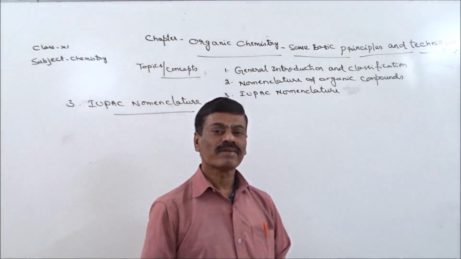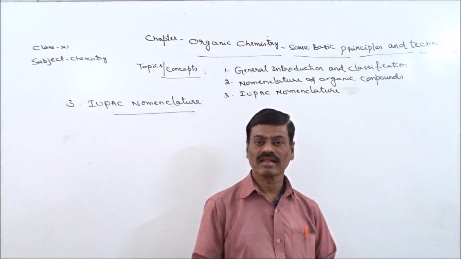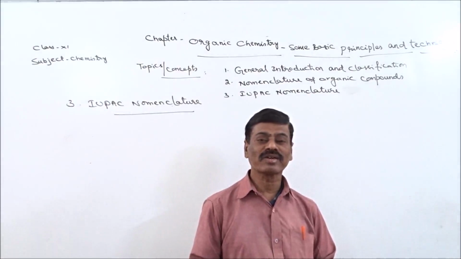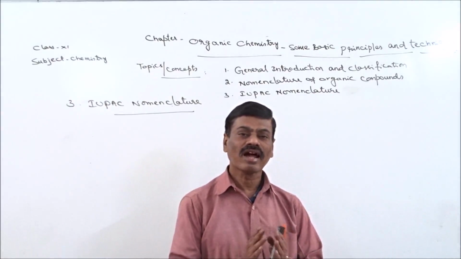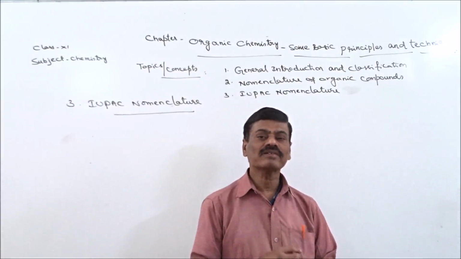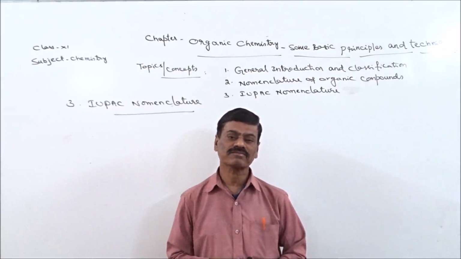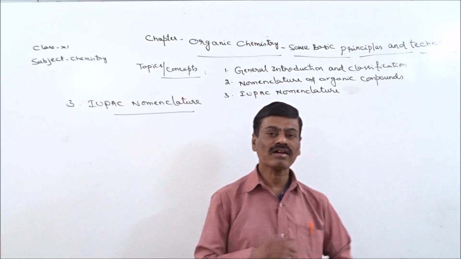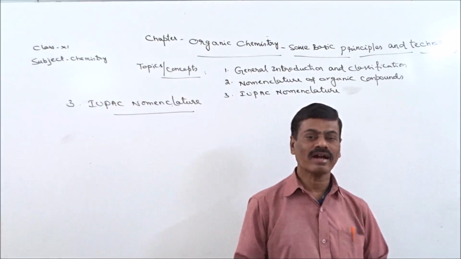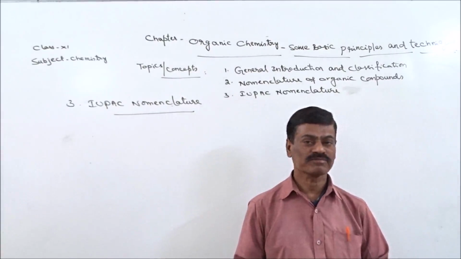Number 3, whether that parent hydrocarbon has any functional group connected to any carbon atom of that parent hydrocarbon or not. Next, at the end, we have to find out whether we need to include a prefix, suffix or infix. A prefix means one which we are going to add at the beginning of the name of the compound.